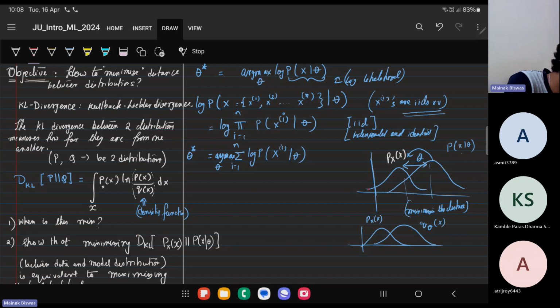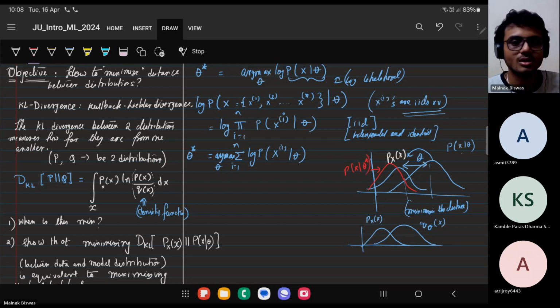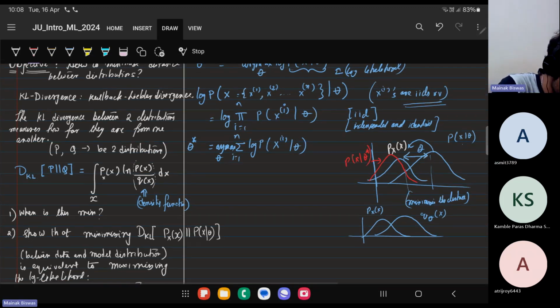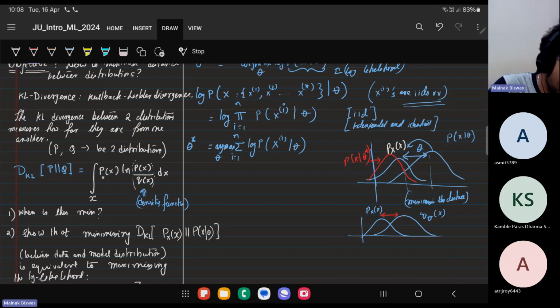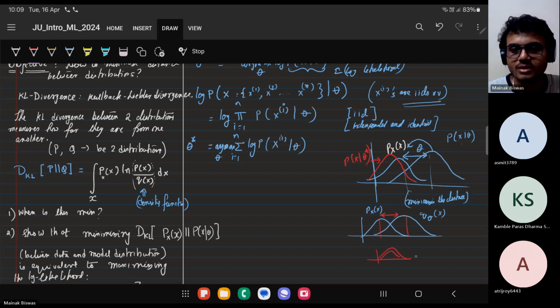It becomes something like this, maybe. This is P of x given theta star. So with Q and P, I am trying to minimize the distance. Do you agree that they are at a distance from one another? But if I make them overlap, they'll have smaller distances.